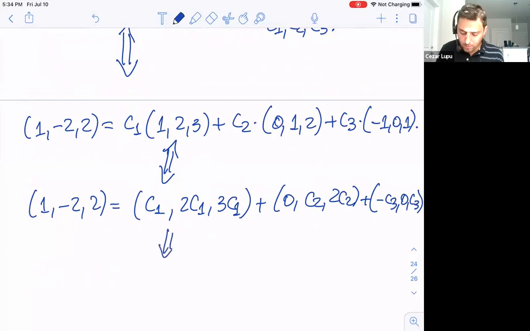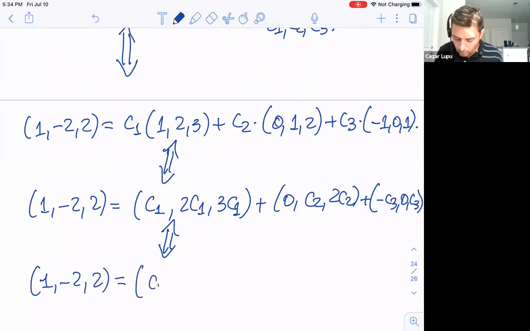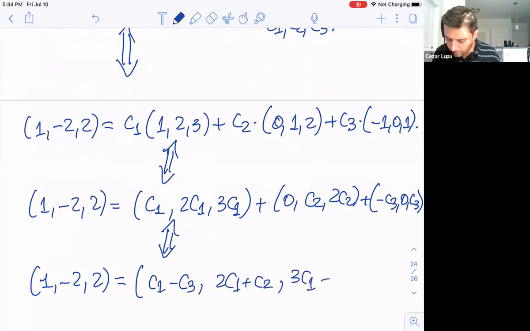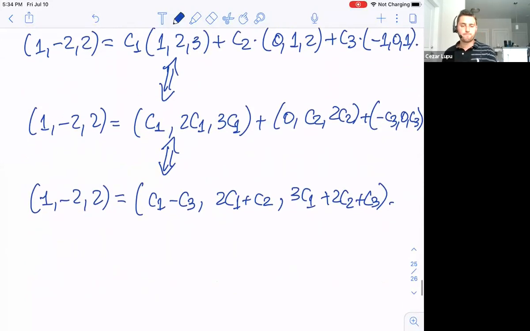By doing the operations, this is C1 minus C3, 2C1 plus C2, and the last component is 3C1 plus 2C2 plus C3.